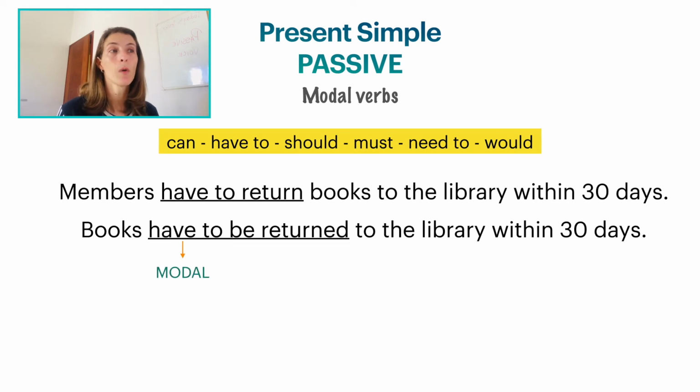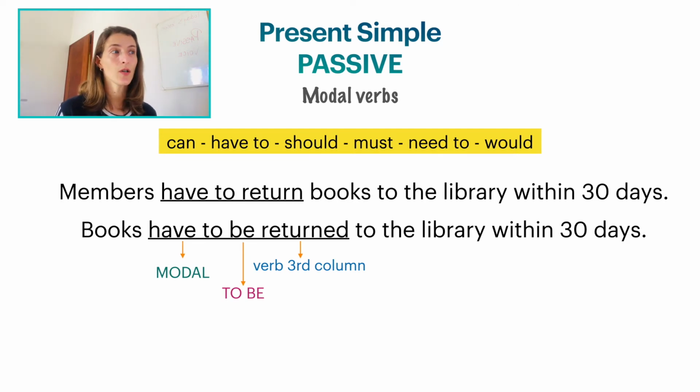We have the modal verb have to, y obviamente que después de cualquier verbo modal, el verbo to be me va a quedar en su forma infinitiva, be, okay? And then we add the verb in the third form, yes? Después del verbo to be, we have modal, verb to be, siempre be, y el verbo en la tercera forma, en la tercera columna. ¿Ok?